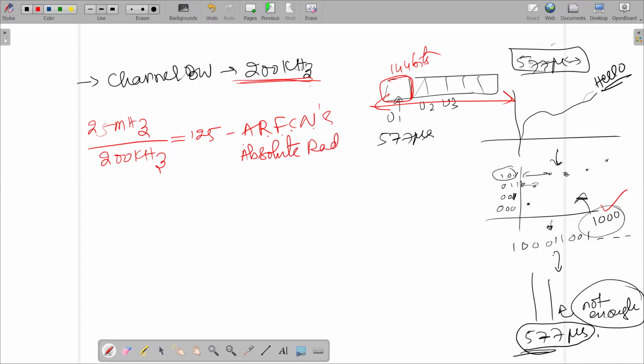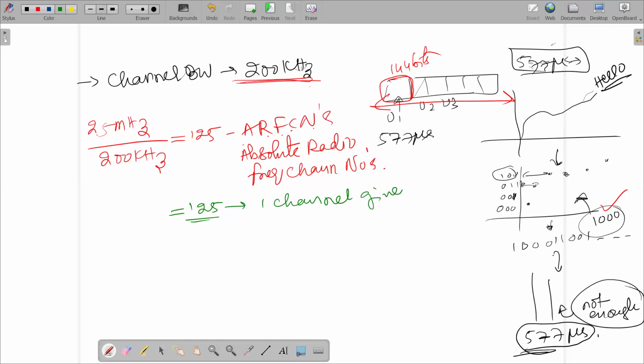Clear? Definitely 125 channels were there, but one channel is given for the guard band.